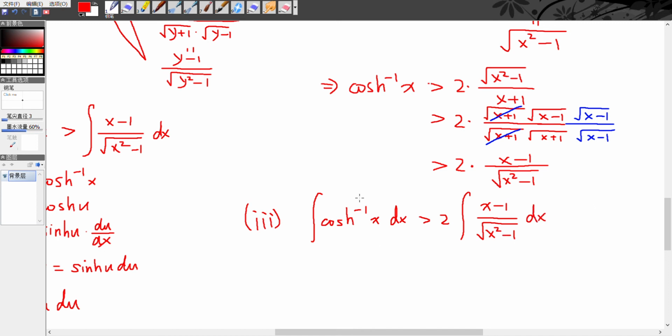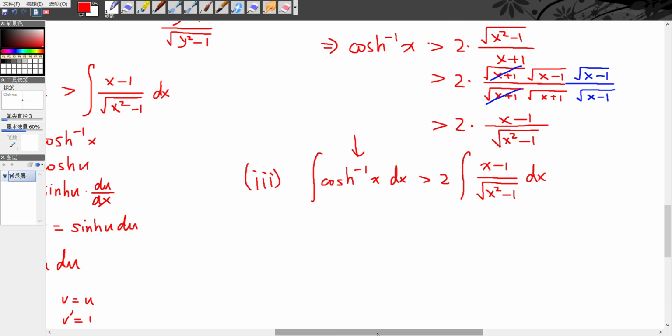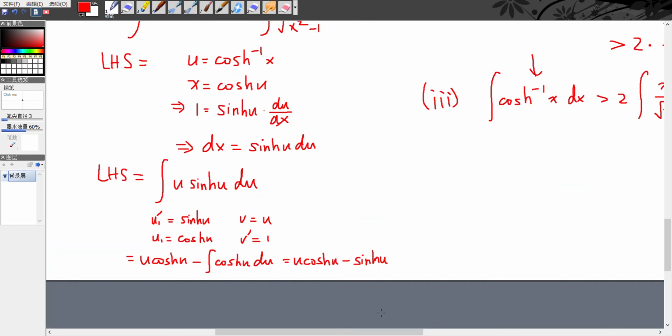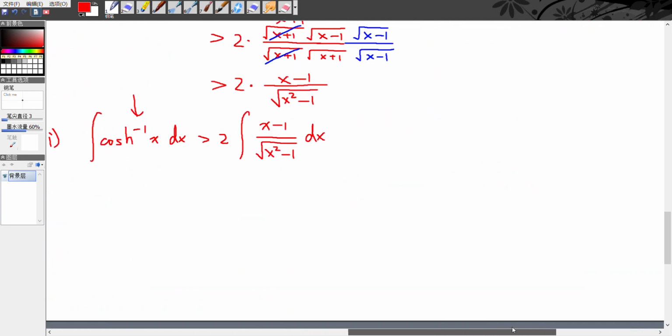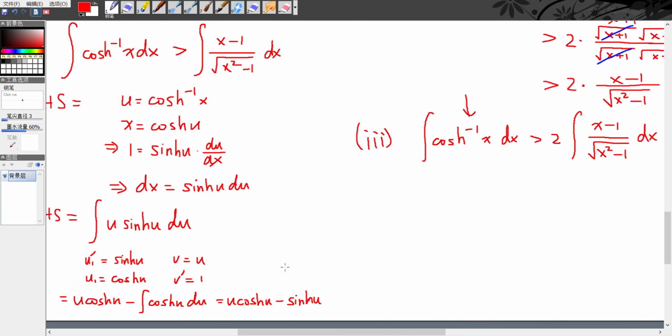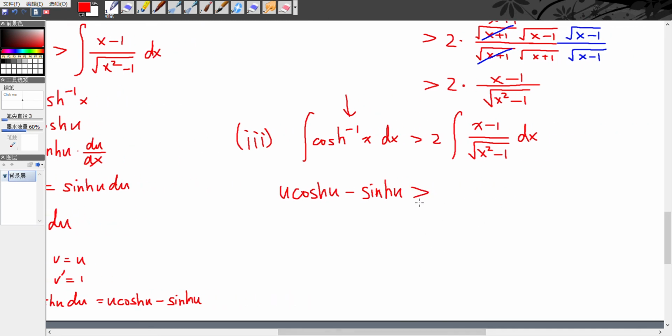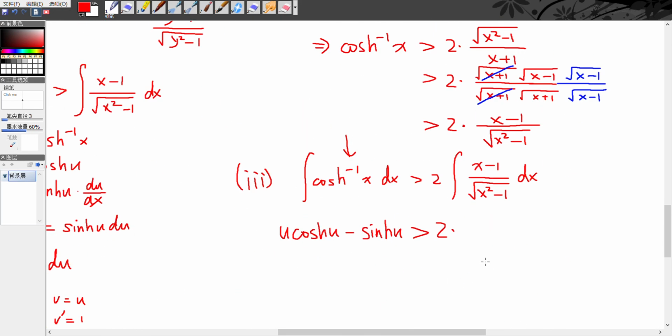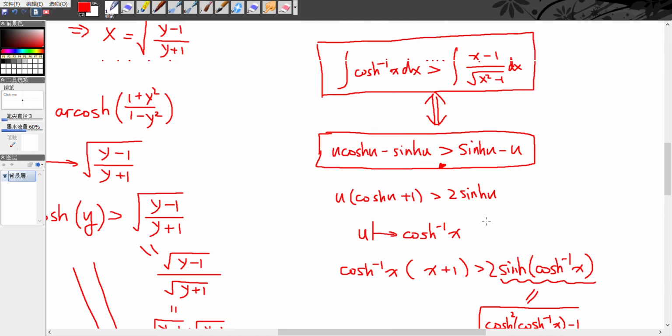And the result of this is actually computed by me, which is u times cosh u minus sinh u, and this is bigger than 2 times the result of this integral, which is actually very clear as well.